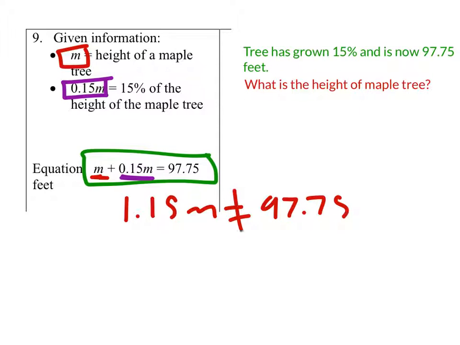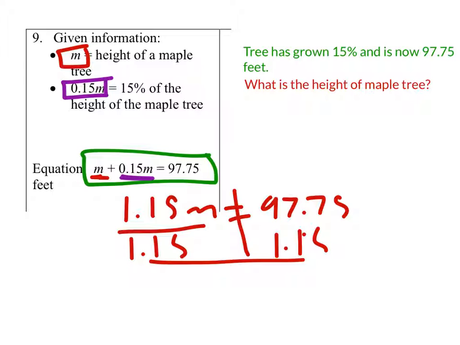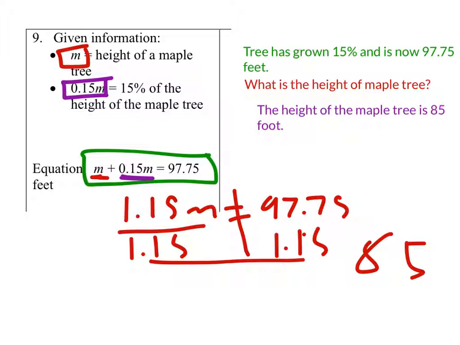So I want to get that by itself, so I divide it over here, and that equals 85. The height of the maple tree equals 85 feet. Bam. Excellent. Bam, there it is.